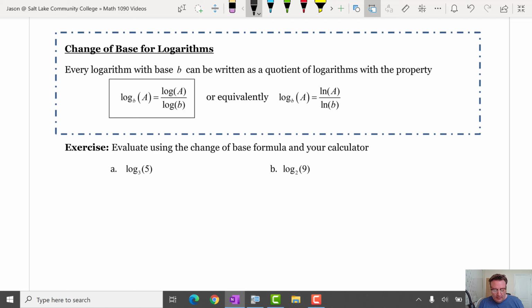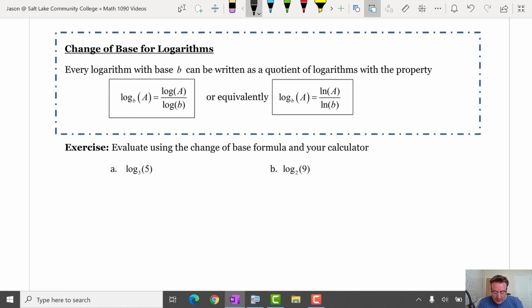Almost every scientific calculator will have the common log and the natural log capabilities built in. So an equivalent expression is where we just use the natural log instead of the common log. So log base b of a can also equivalently be written as the natural log of a divided by the natural log of the base.